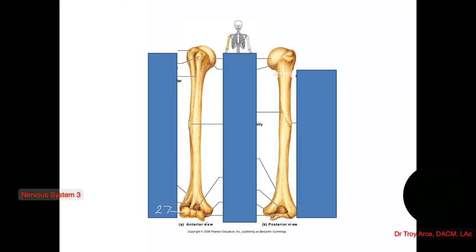You're going to have your greater and lesser tubercles, and this is also a way to identify your anterior view, because they're not going to be quite visible on this side. You might catch a little bit of it on this side. So there's one way to orient yourself.